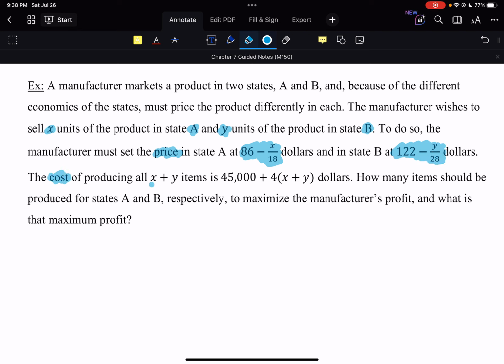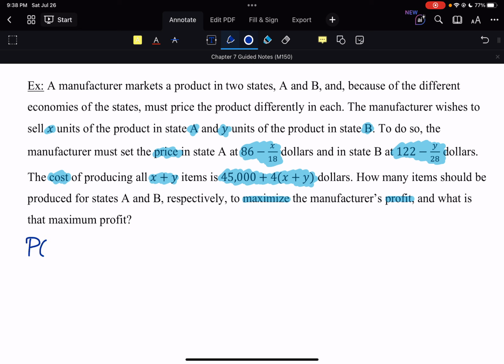And the cost of producing all X plus Y items is given here. It's asking how many items they should produce to maximize the manufacturer's profit, and then what is that profit? So we're trying to maximize profit, which means we need a profit function, but that means we need cost and revenue functions.